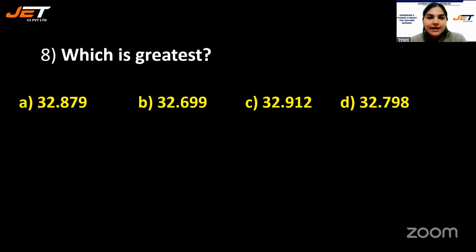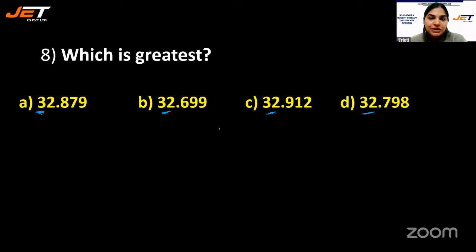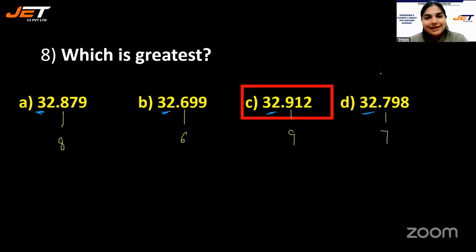The numbers before the decimal are the same: 32, 32, 32, 32. Then after the decimal, here we have 8, 6, 9, and 7. Which is the greatest of all? 9. That means 32.912 is greater.